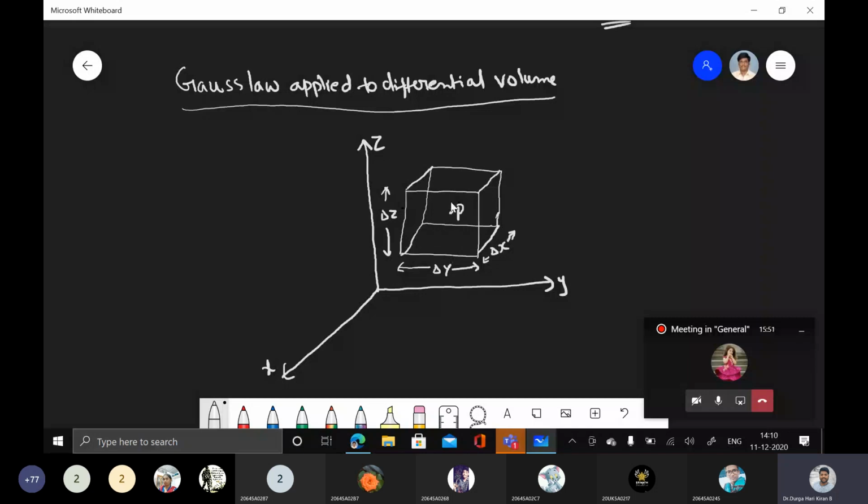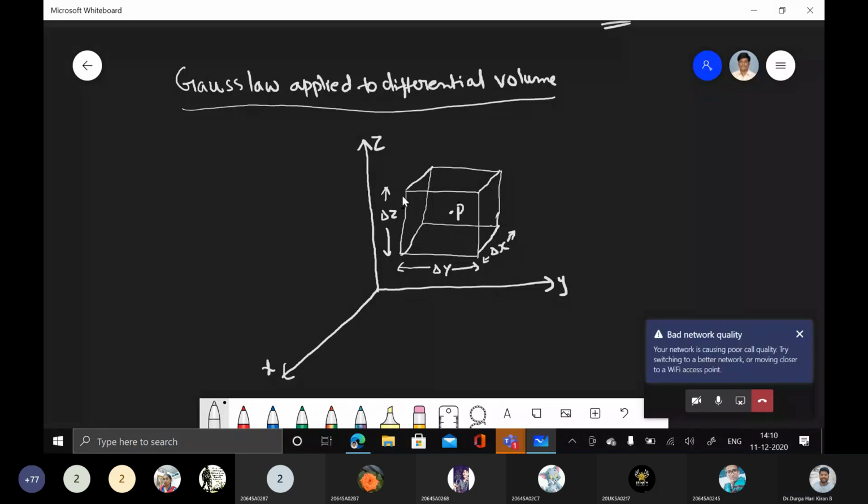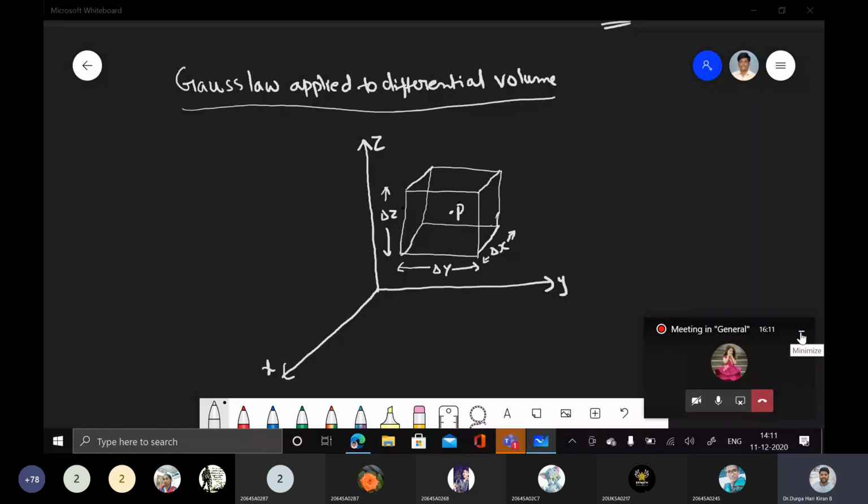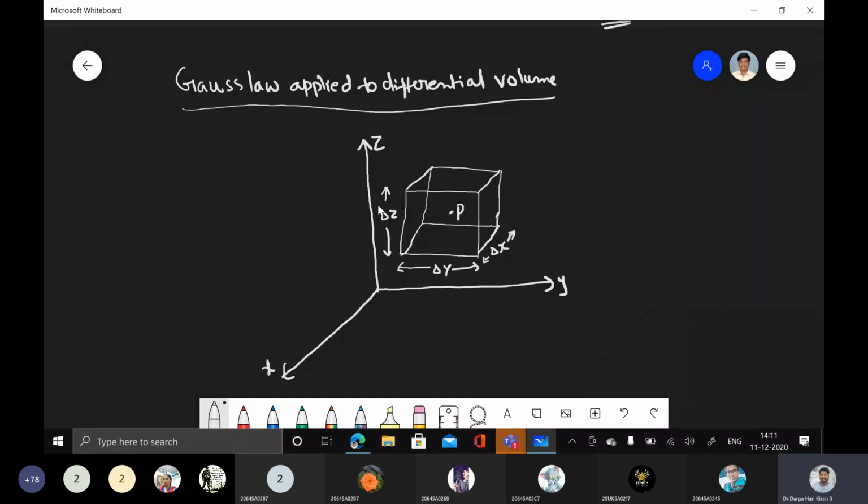The size of this cube on the y-axis is delta y, on the x-axis is delta x, and on the z-axis it is delta z.